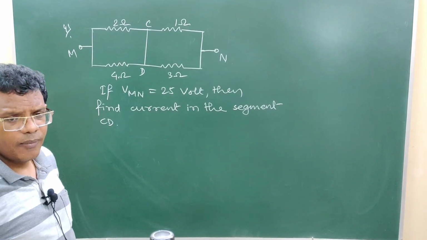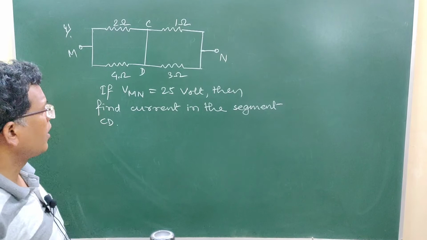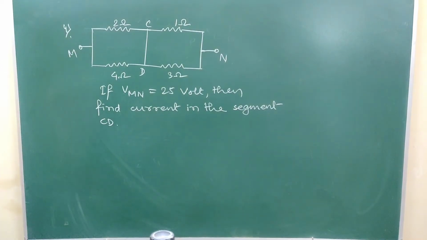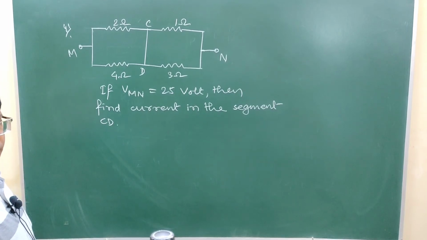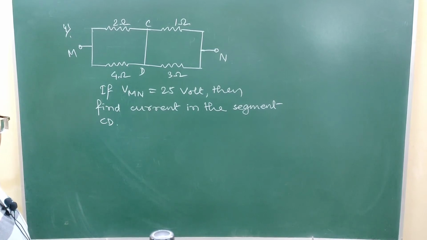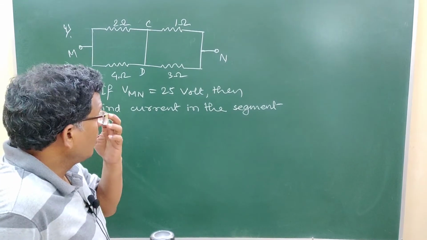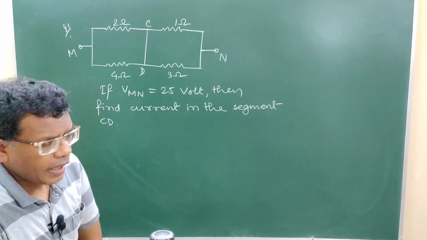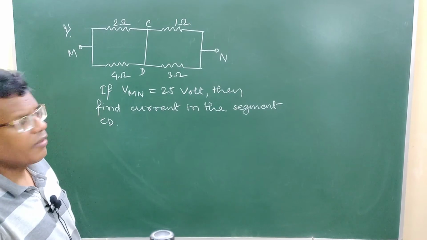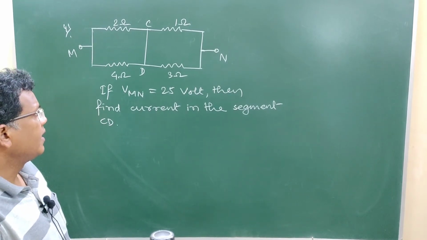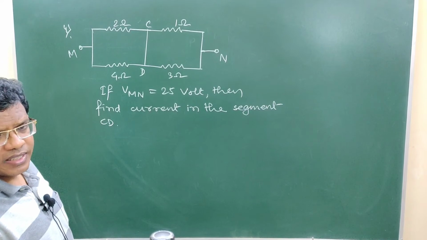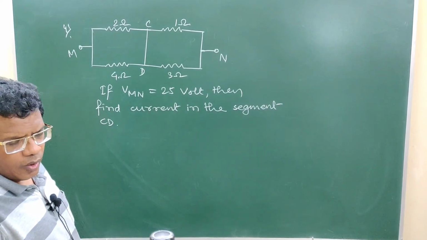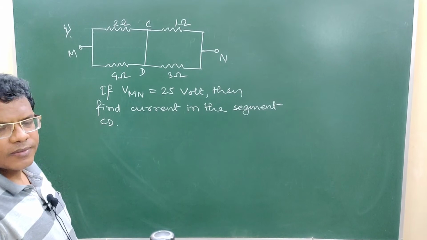Initially there must have been some different potential at C and D, that may be possible. Once you are connecting them, then finally they are coming to zero potential difference. So we need to understand what will be the potential difference between D and C. That means before connecting D and C and after connecting D and C, what changes take place.